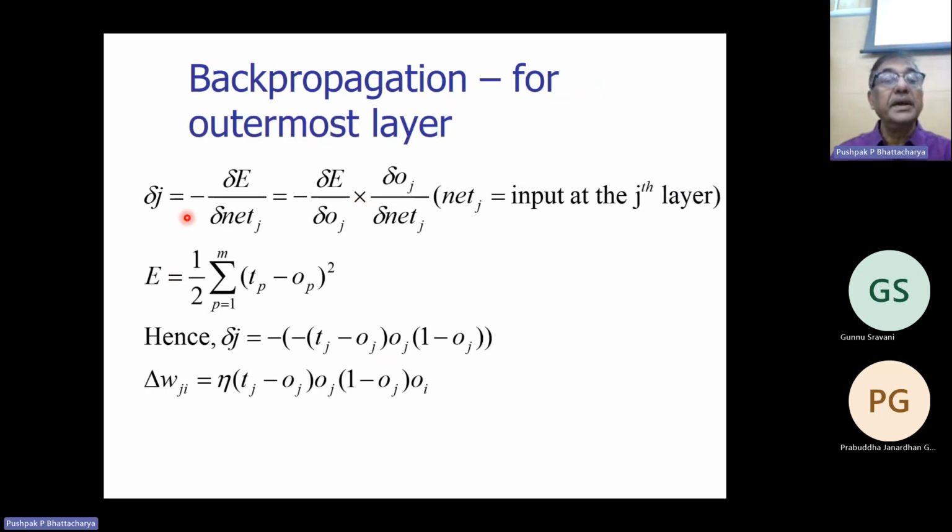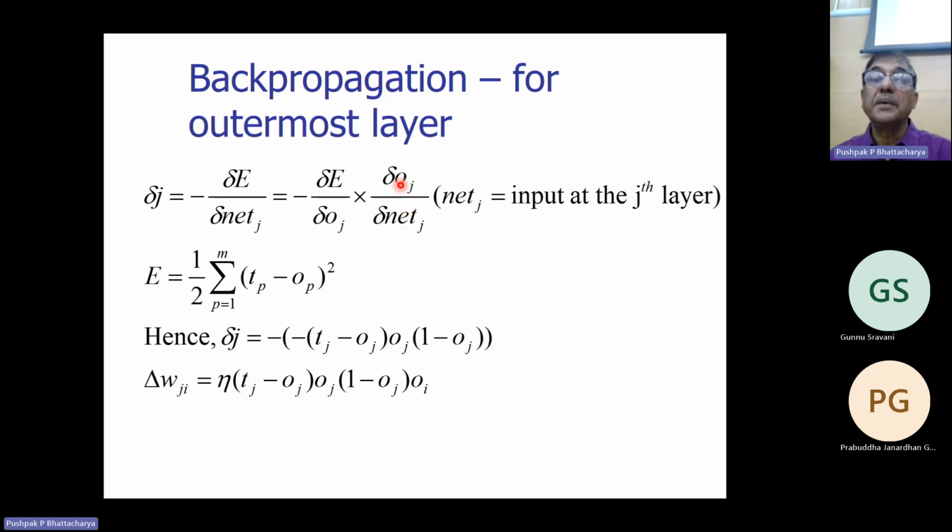Now the universal rule is eta times delta_j times O_i, which applies to every neuron in the network. Now see the definition of delta_j. This is minus ∂E, that is error, over ∂net_j, the net input at the jth neuron, which is equal to minus ∂E/∂O_j times ∂O_j/∂net_j. Again, chain rule.